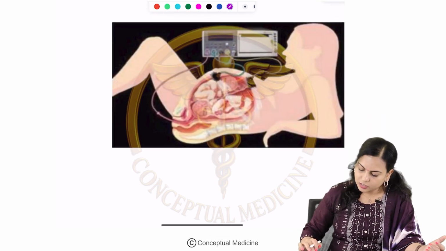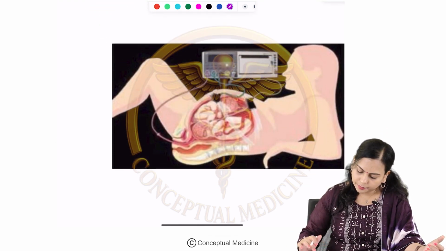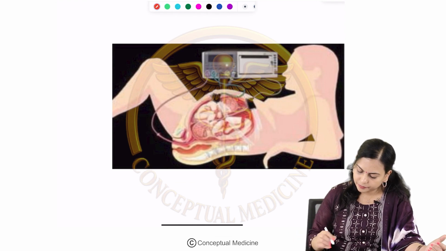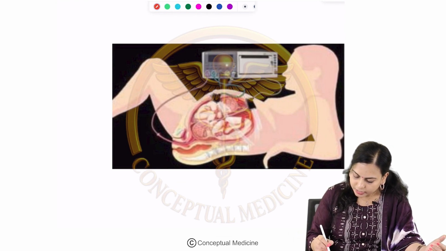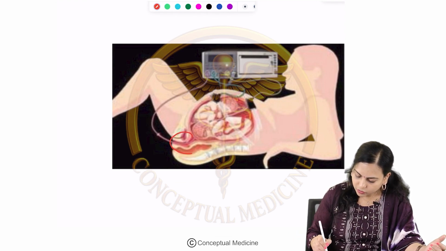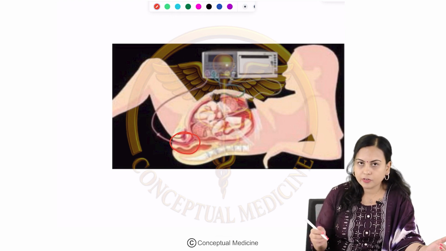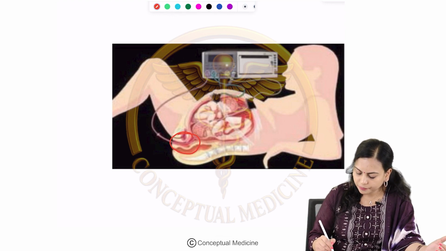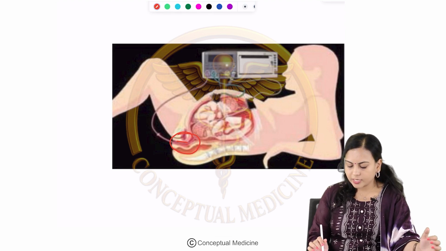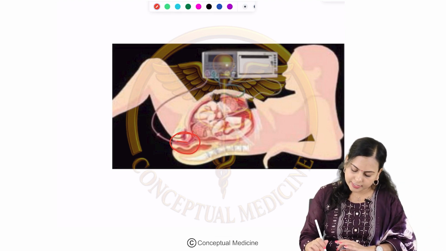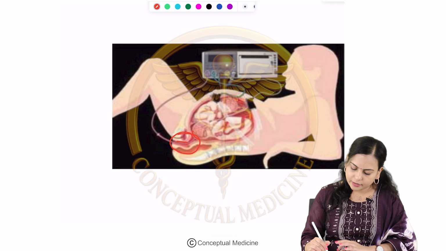Let's see this picture. You will understand it better. See, this is the internal monitoring of the CTG. What we are going to do is pass the electrode through the vagina and it will be kept on the fetal scalp. This electrode is known as a fetal scalp electrode.